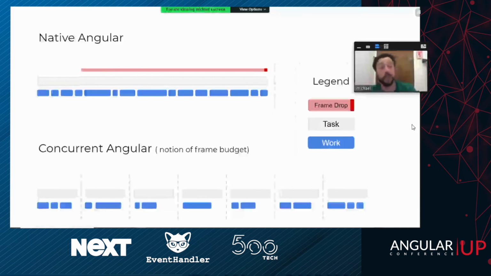At the very bottom, we see the implementation of RxAngular. RxAngular implemented something called Concurrent Mode, and this is a technique where you can tell Angular's change detection, but not only Angular's change detection, also pretty much any work that you want to perform, that it should be performed in pieces smaller than 50 milliseconds that will not produce a frame drop.